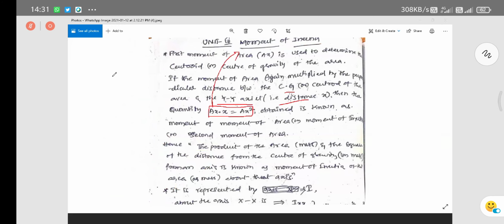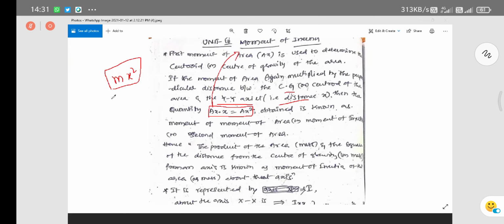If it's a mass moment of inertia, whatever physical property mass is there is to be multiplied with the square of the perpendicular distance. This m into x square is a physical quantity expressed in a mathematical formula.